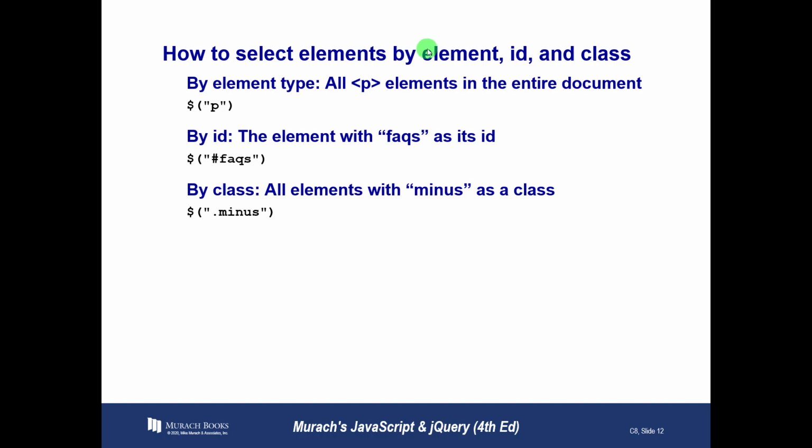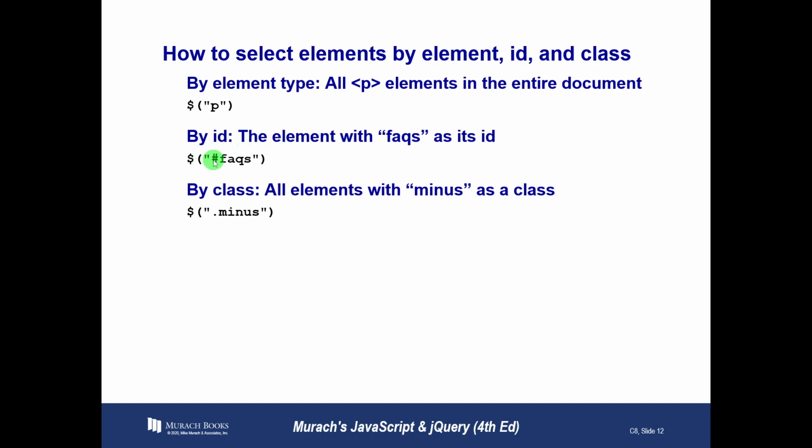So how to select elements by ID and class. We can select the element, we can select one by an ID, we can select it by a class. So dollar function P gives us all the P elements. So that's an example of using an HTML element like P, or H2s or H1s, or any HTML element we can put in there in the dollar function. And it will go get all of the elements in the document. Okay. We can also go by ID.